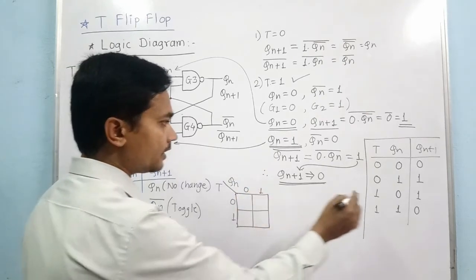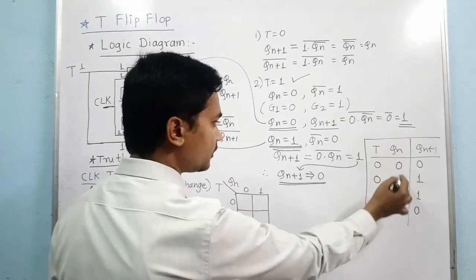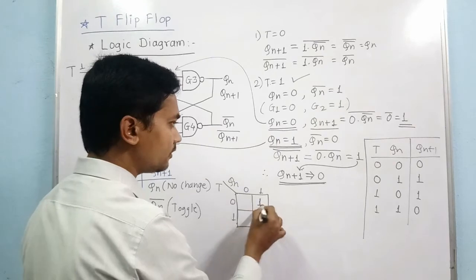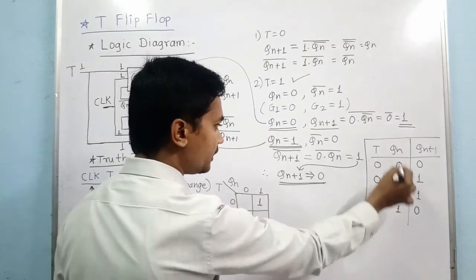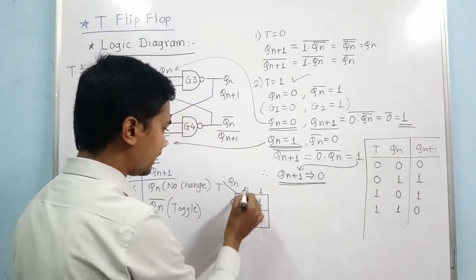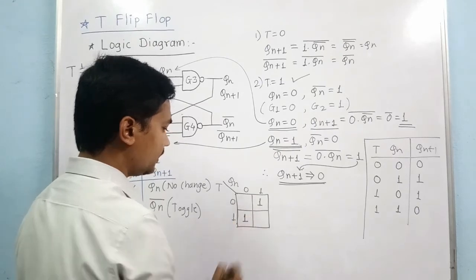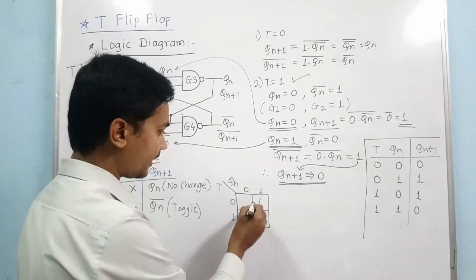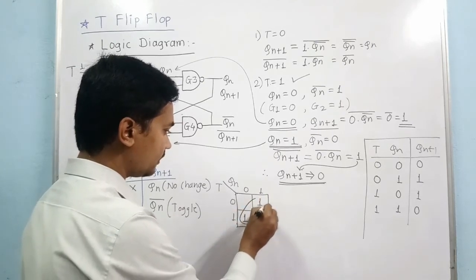So when t equal to 0 and Qn equal to 1, write here 1. Next is t equal to 1 Qn equal to 0, write here 1. So for this the grouping is done diagonal, like this.